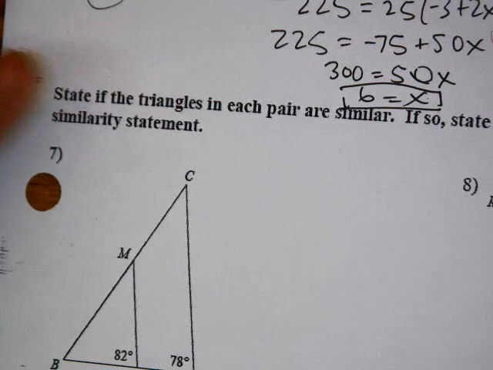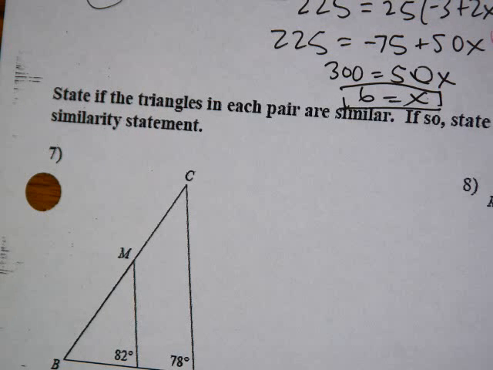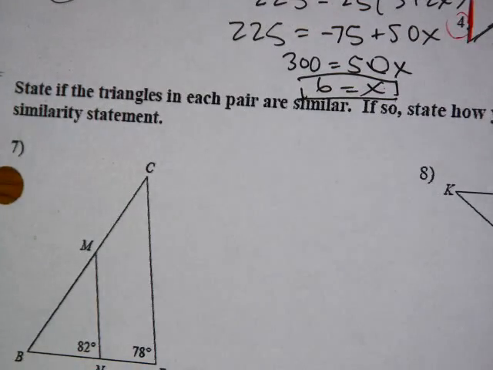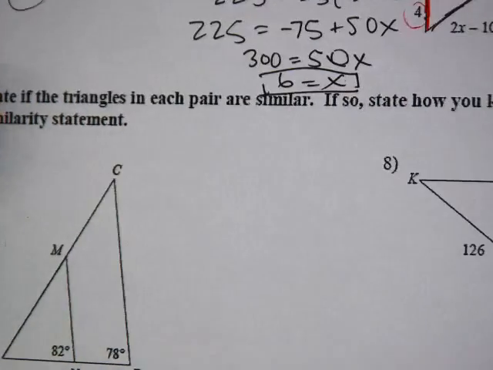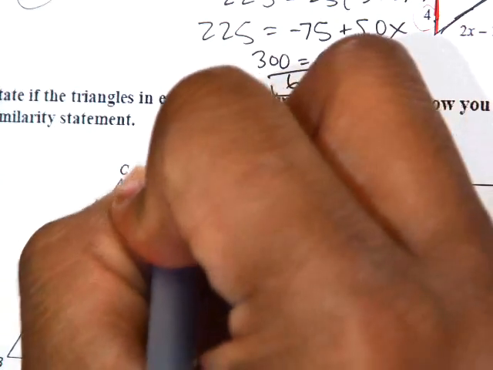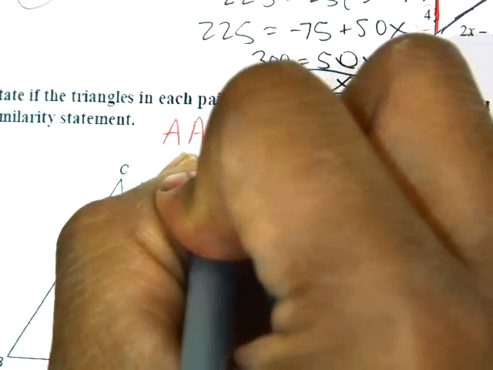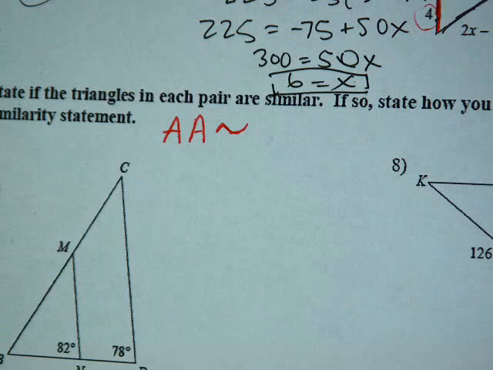In 7, 8, 9, and 10, I need to say if the triangles are similar or not. If they are similar, state how I know they're similar, and complete the similarity statement. So there's 3 options for showing triangles are similar. There's AA similarity, where you have 2 pairs of equal angles in the triangles.